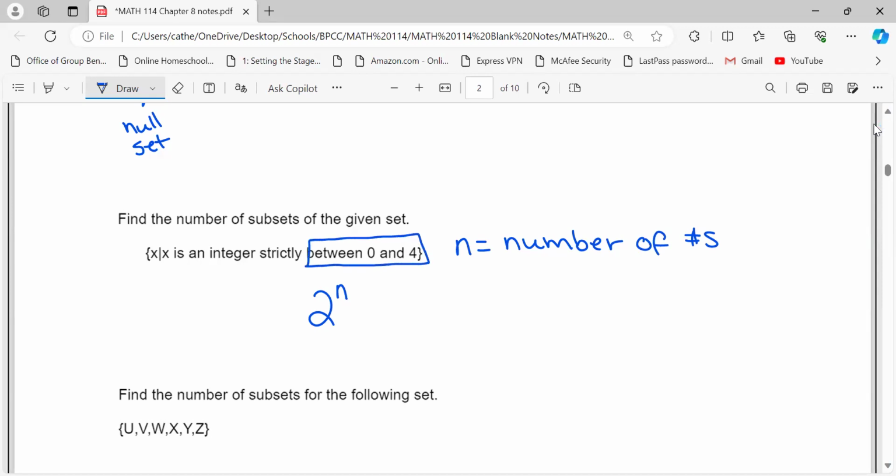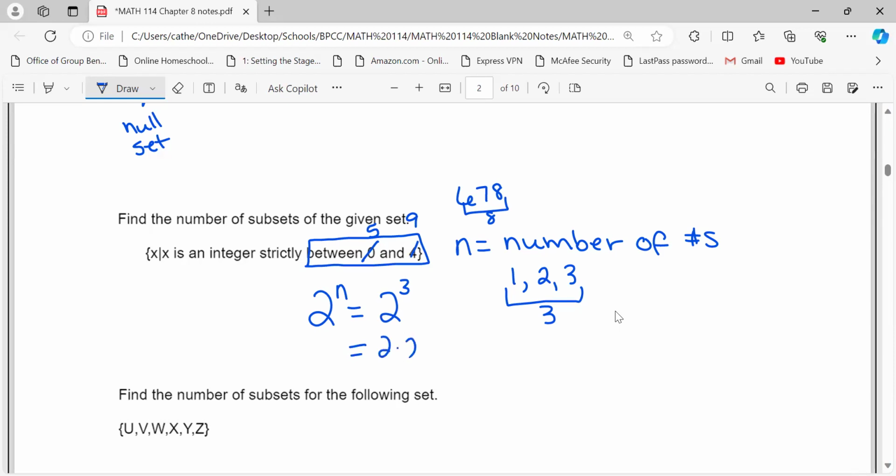So if it's between 0 and 4, does it include 0 and 4? No. So that's the numbers 1, 2, and 3. Those are three numbers. It could say between 5 and 9. If it said that, that would be just the numbers 6, 7, and 8, a total of three numbers. So this is going to be 2 to the third power.